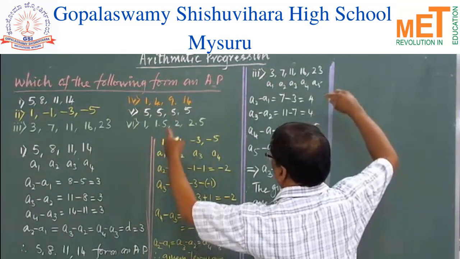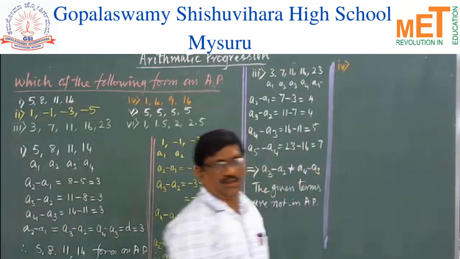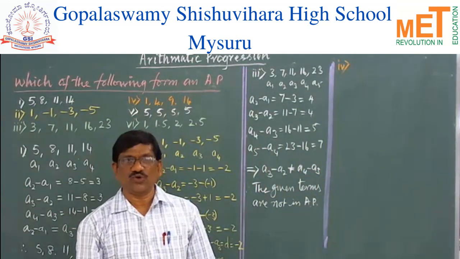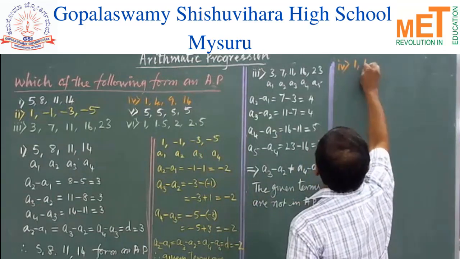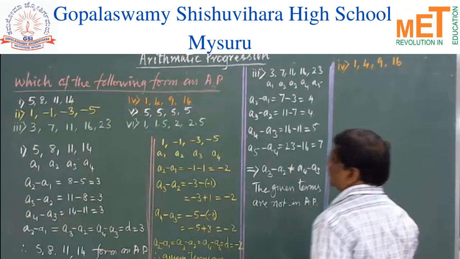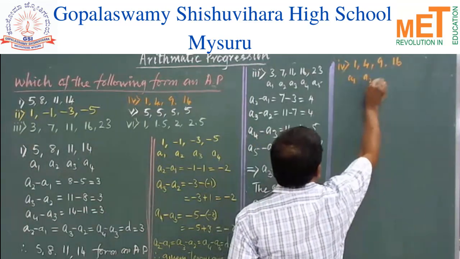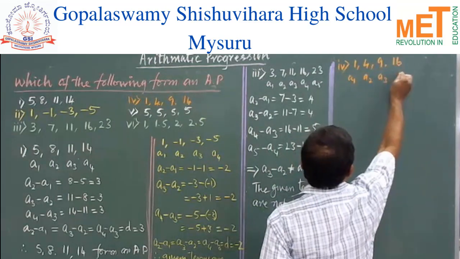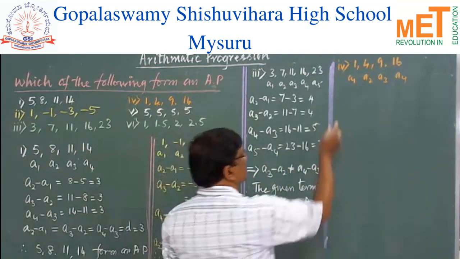The fourth one. Now we shall take the fourth one, that is 1, 4, 9, 16. Look at this, children. Here this is A1, A2, A3, A4. Let us check.